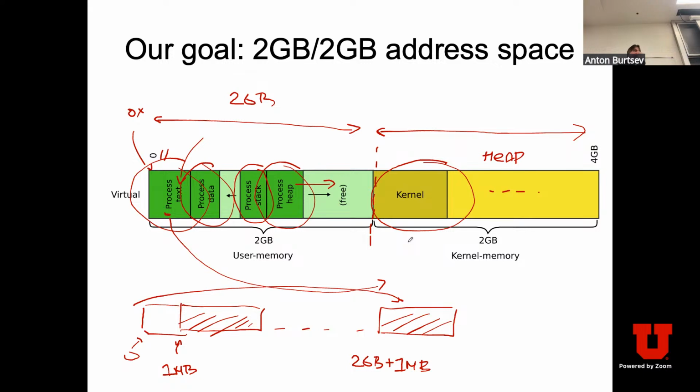Why haven't we done this? Because in the end, we want the kernel to show up above the second gigabyte, because the first 2 gigabytes will be reserved for the user, right? But for whatever reason, in physical memory, the kernel sits here at the address which is the first megabyte right now. Why can't we immediately load the kernel here?